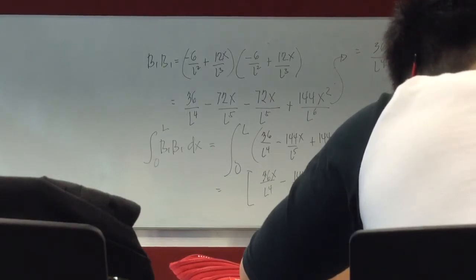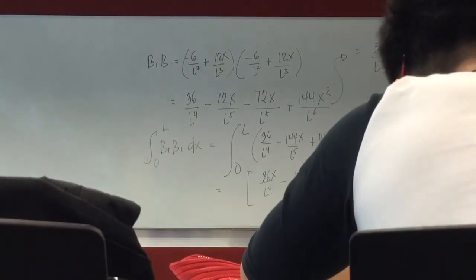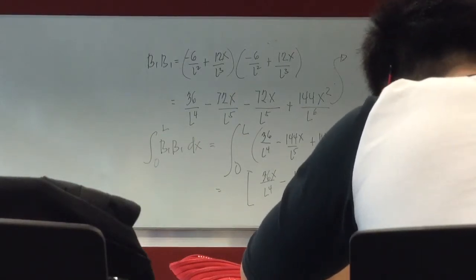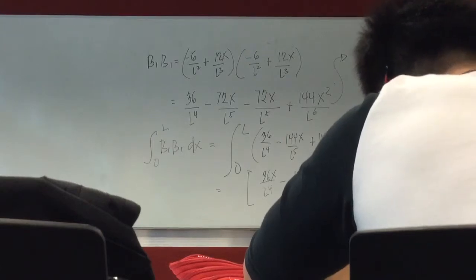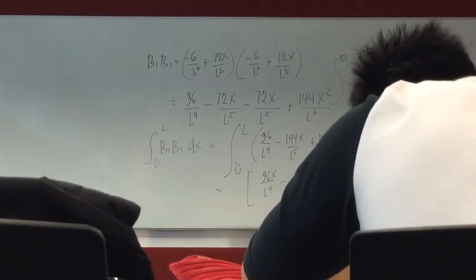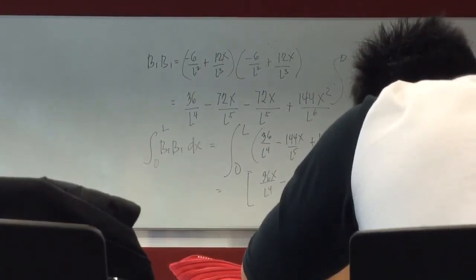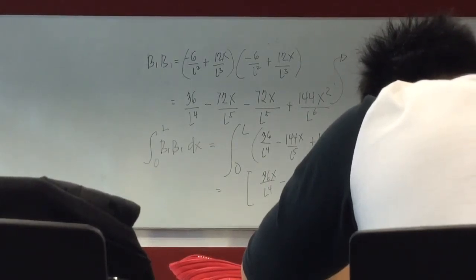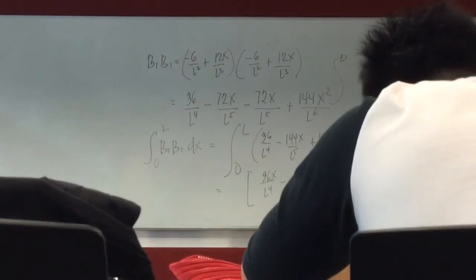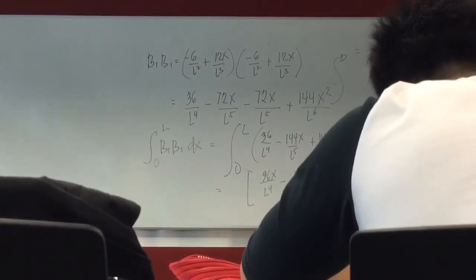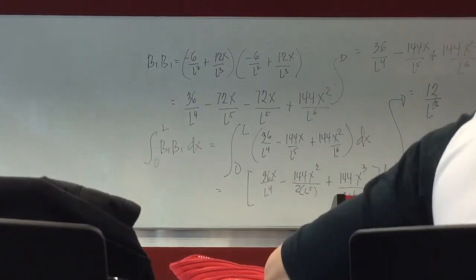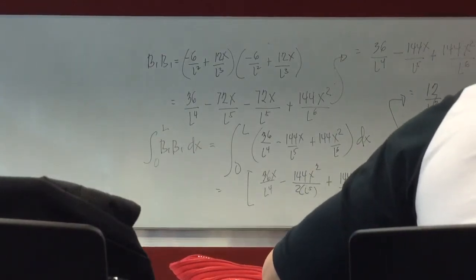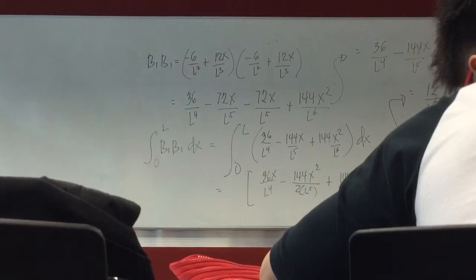So, what about this one here? Second row, second column. Yeah, that's all. This side here, this side. Second row, second column.